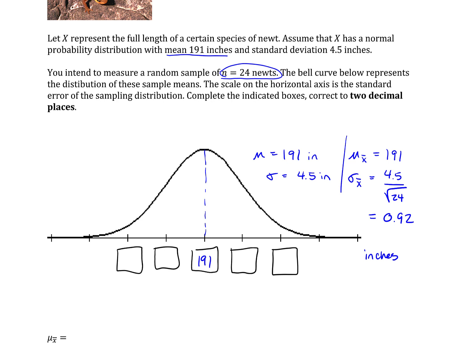Now, if we start going out from the mean, 1 standard deviation to the right or 1 standard deviation to the left, we just simply add our new standard deviation or subtract our new standard deviation.